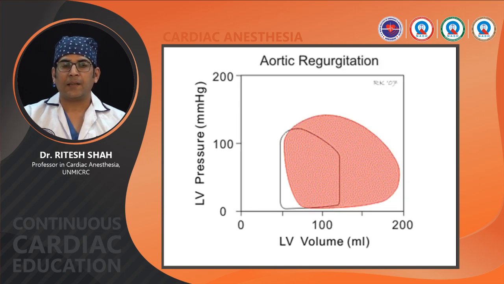What happens in aortic regurgitation? As the aortic valve is incompetent, there is no true isovolumic relaxation time, and during diastole LV gets blood from LA as well as from the aorta. So end diastolic volume increases significantly.